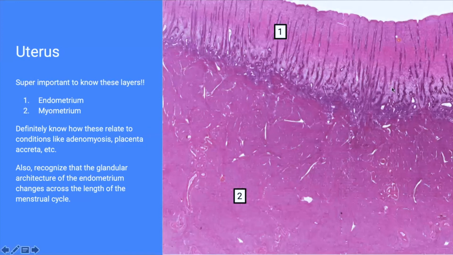So internal most is going to be our endometrium. These glands will adopt various conformations as it relates to how far along in the menstrual cycle a person is. And then the myometrium is the very thick muscular layer of the wall that's going to be responsive to signals related to delivery of a pregnancy.